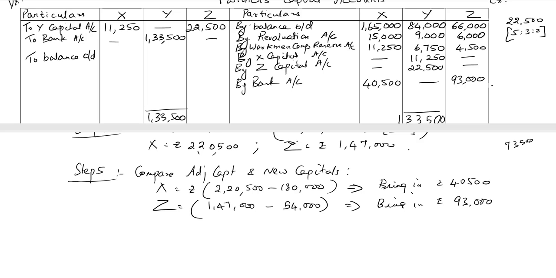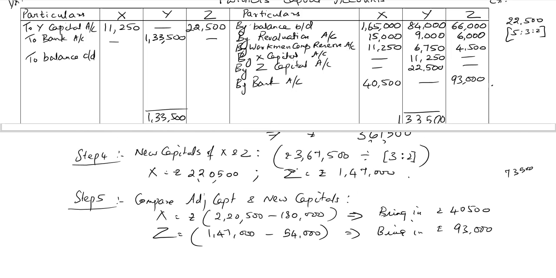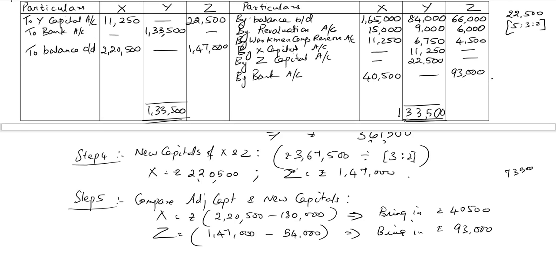The new capitals in the case of X as per step 4, it's 2,20,500 rupees. And in the case of Z, it's 1,47,000 rupees. So if both sides tally, we know that our arithmetic is correct.